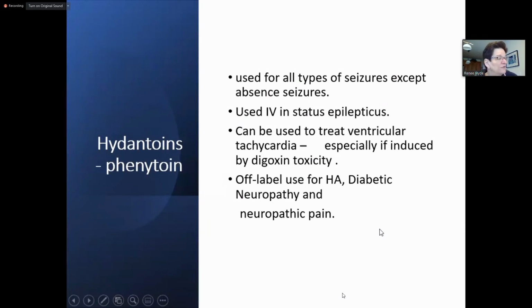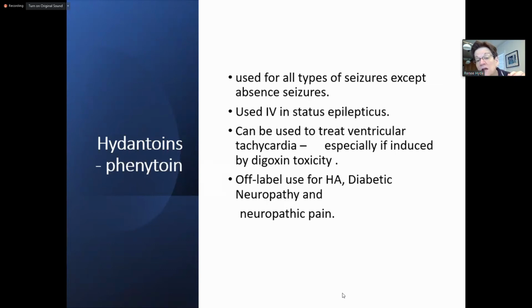It can be used for all types of seizures except for absence seizures. We use it IV in status. Now, when you talk about cardiac, it can be used for ventricular tachycardia, especially if it's been induced by digitoxin toxicity. Now, some of its off-label uses are headache.